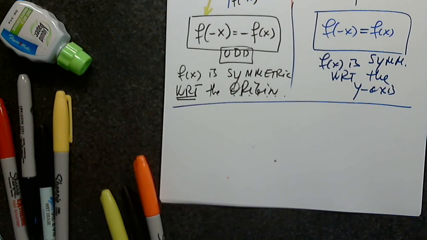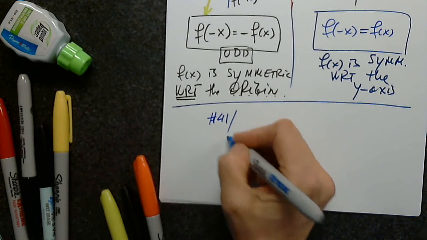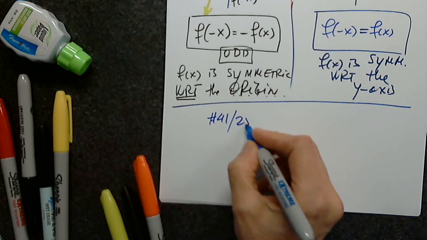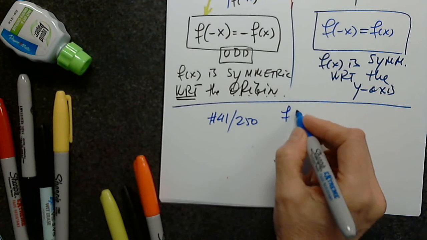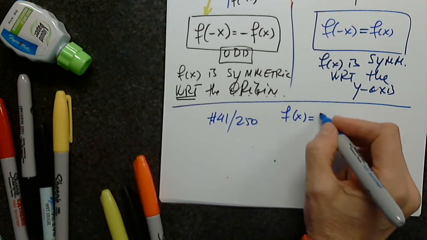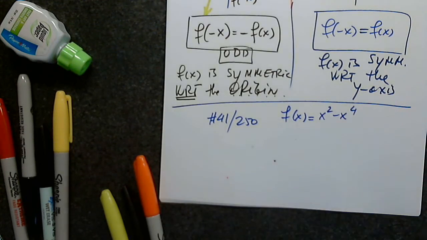Okay, so here's a function for us. Let's say number 41 on page 250. So this is f of x equals x squared minus x to the fourth. We're asked to show algebraically. We're not asked to graph the function.